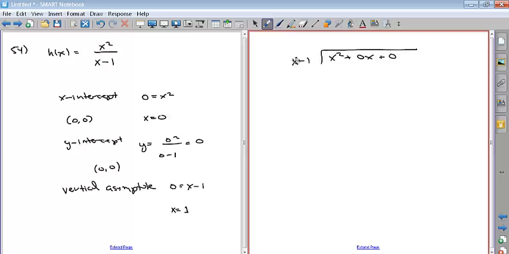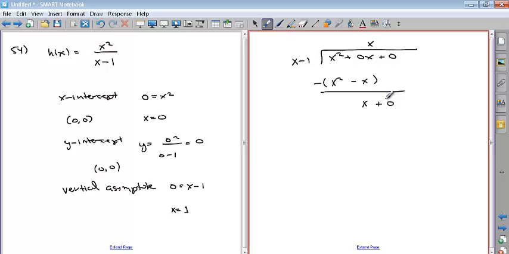What do I need to multiply x by to get x squared? X. X times x is x squared. X times -1 is -x. We're subtracting that, so those cancel out. Here you have 0x plus x. So you get x, and then you have plus 0.